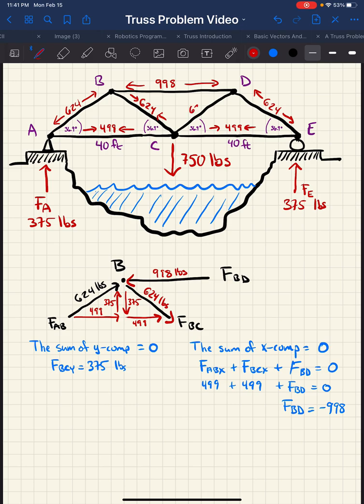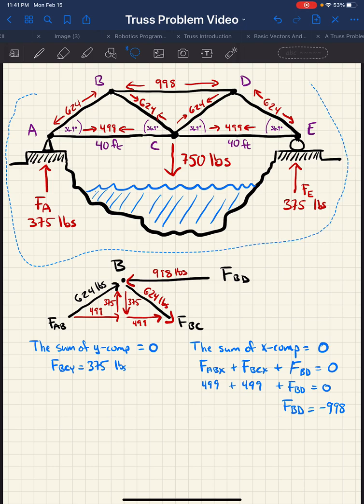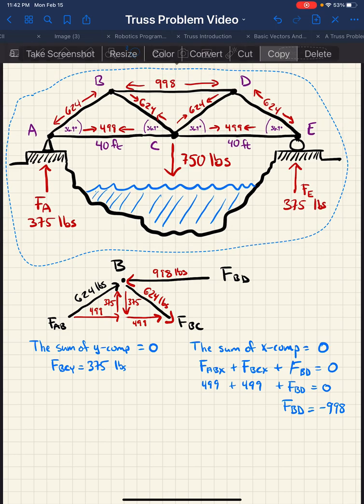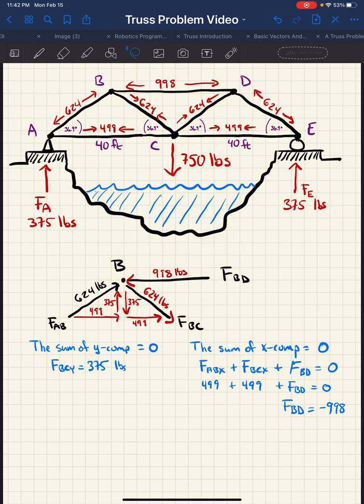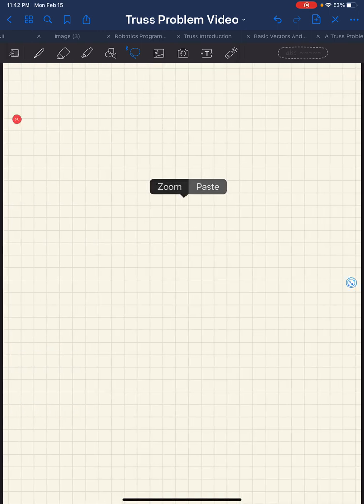And because of the symmetry, that will also be 624. Now we've solved the entire truss system. And again, the symmetry very often, not always, but very often makes trusses significantly easier to solve.